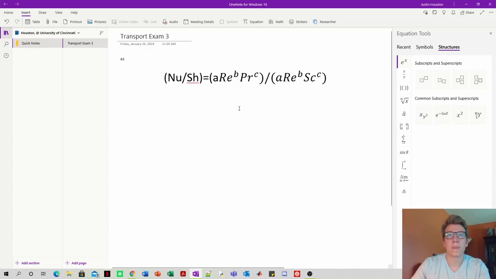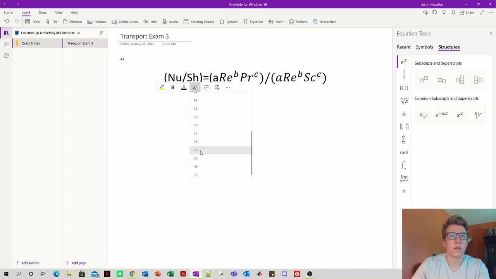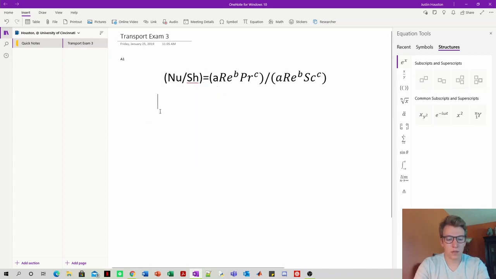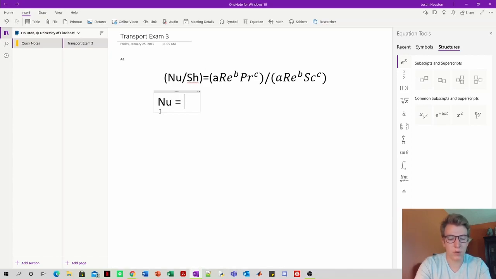And what I want to define here is each of these variables. So we know that the Nusselt number is going to be equal to the heat transfer coefficient times the diameter all over the thermal conductivity.